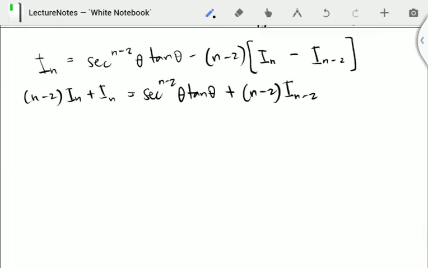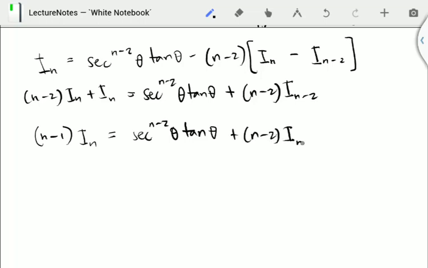That's the simplification. Of course, on the left-hand side, when you factor I_n, you get (n-2) plus 1, which is (n-1). So (n-1) I_n is equal to sec^(n-2) theta tan theta plus (n-2) I_(n-2). So what does that mean?